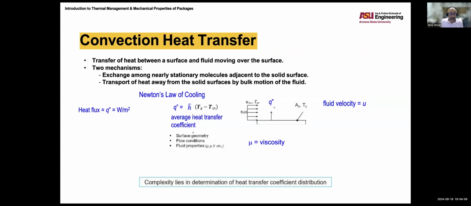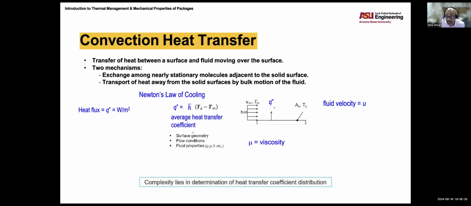That coefficient is going to be a function of the surface geometry, flow conditions, which we'll talk about later, and fluid properties: the density, the viscosity, and the thermal conductivity of the liquid. For now, we'll wrap up all those properties into our average heat transfer coefficient.